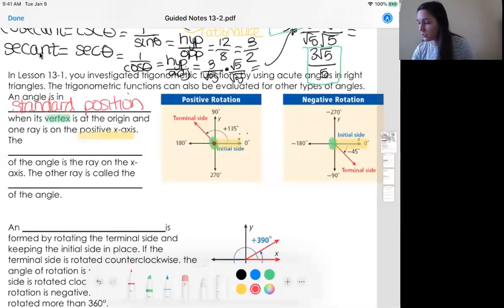So we have the initial side. And that initial side is the side right there along our positive x-axis, located there in blue too. So this is the initial side of this angle. All right, so then the other ray, the other side of our angle, is called the terminal side.